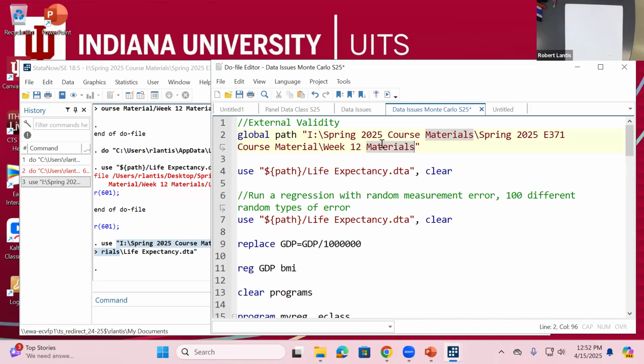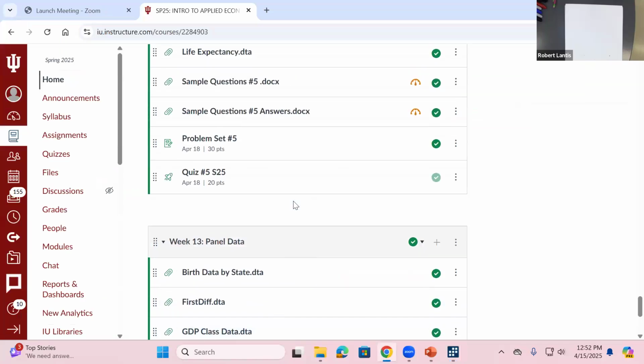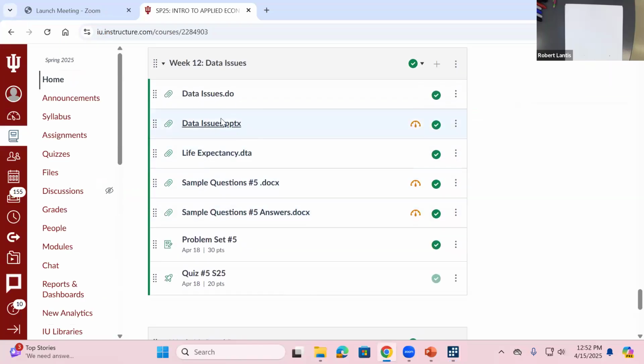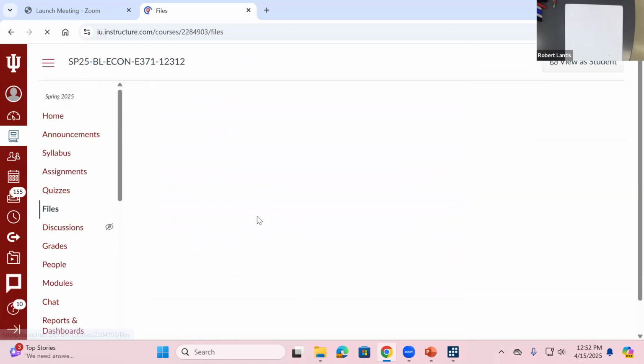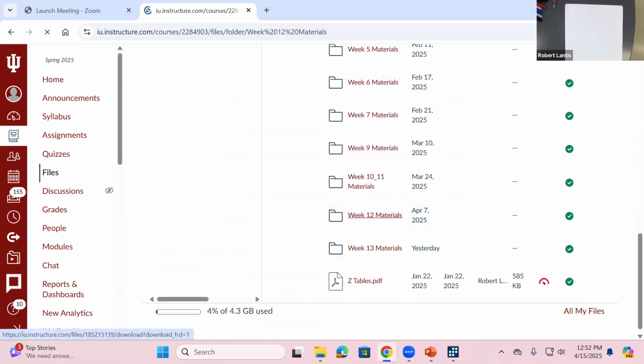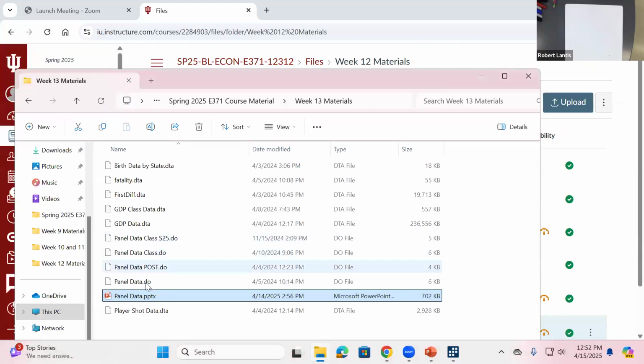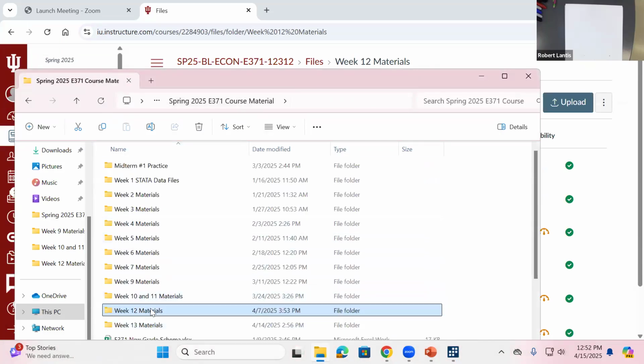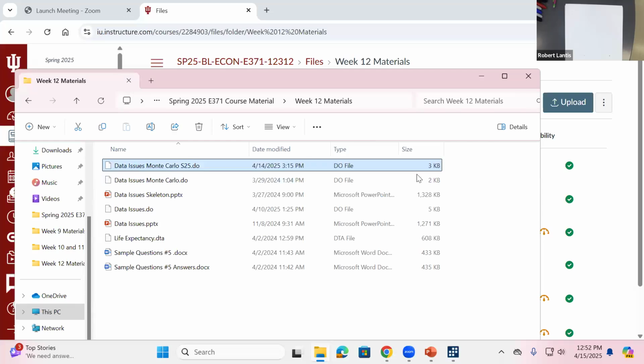You would set yours here if you're using that data issues Monte Carlo file, which is, oh, did I not give it to you guys? Here, I'll drag and drop it in there for you right now. You don't really need to work along with me here. It's more of watching what I'm doing, and then I'll relate it to what we talked about last week.